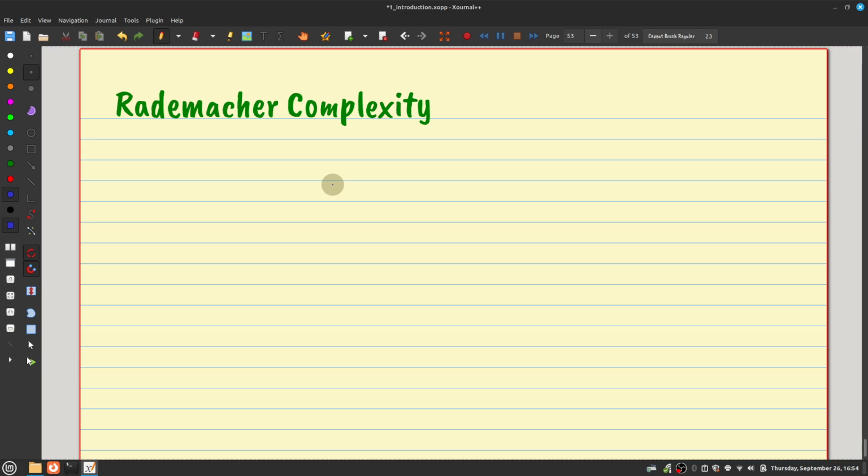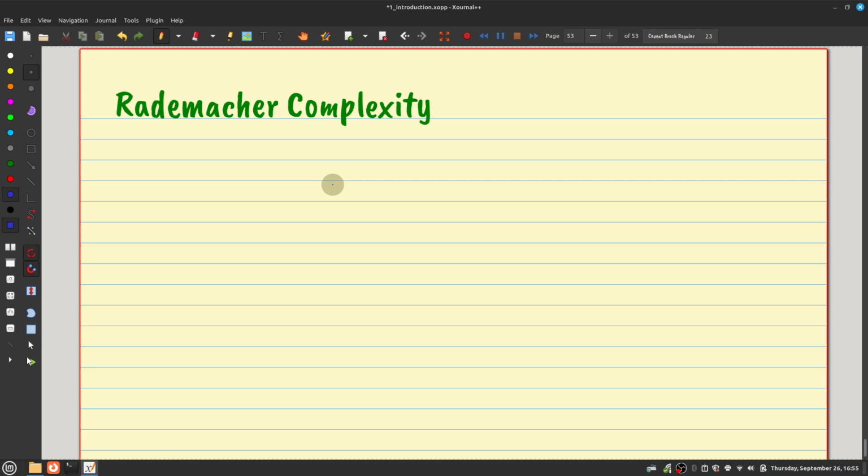Our general approach will be the following. We'll show that the generalization error of ERM can be upper bounded by some function of this Rademacher complexity that I'll introduce next. And then we'll show that the Rademacher complexity can in turn be upper bounded by the growth function.